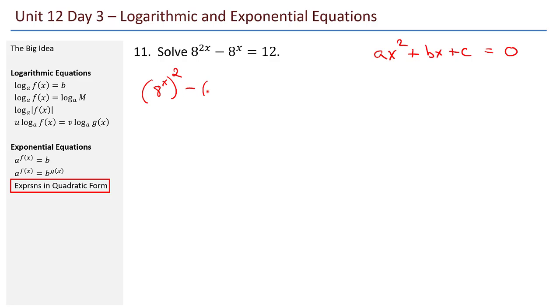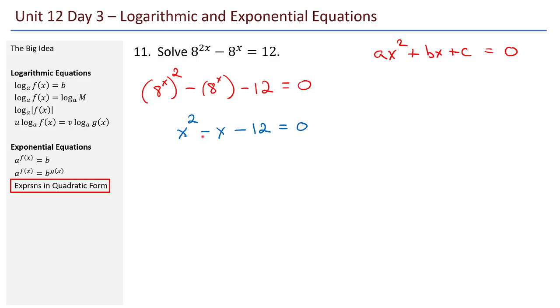And then I subtract off 8 to the x. And then if I move the 12 over to the left, I get minus 12 equals 0. And so this kind of has the form x squared minus x minus 12 equals 0.